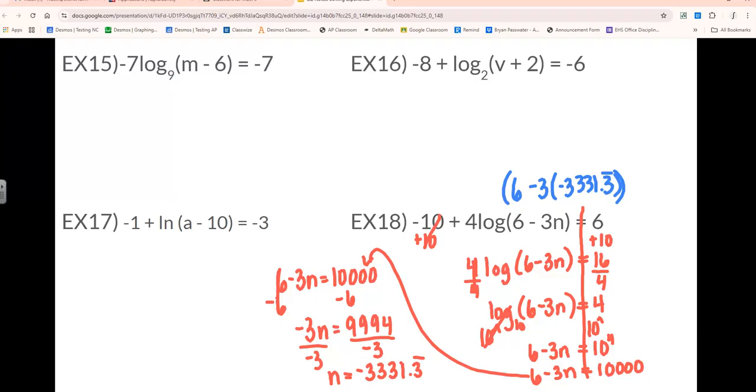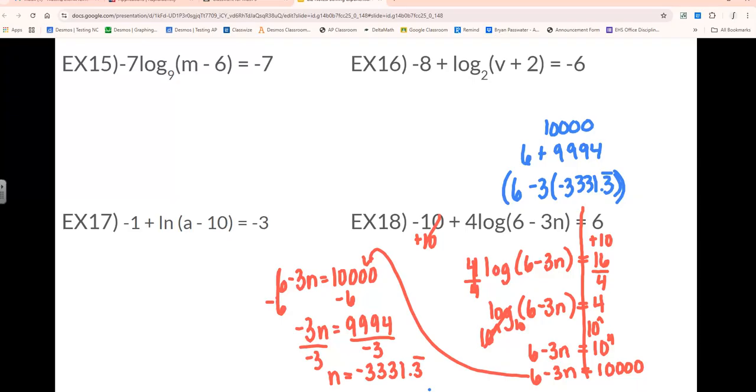Am I going to get a positive or negative number when I plug that back in? It's going to be positive because this negative times negative will become positive, right? And I'll have 6 plus 9994, which is 10,000, which is a positive number, right? So you can just check by doing that, because if you graph this one, zooming out to find where they cross gets really tricky on that one.